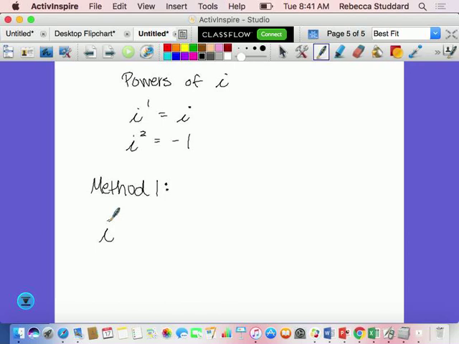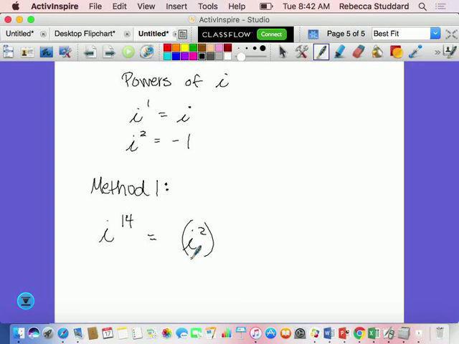Say we have i to the 14th. We are going to rewrite that using i squared and i, if we need i. So we can rewrite i to the 14th as i squared raised to what power?